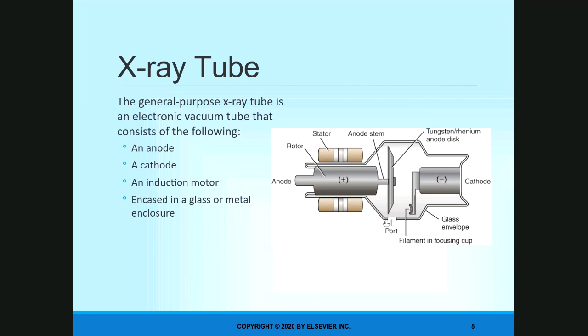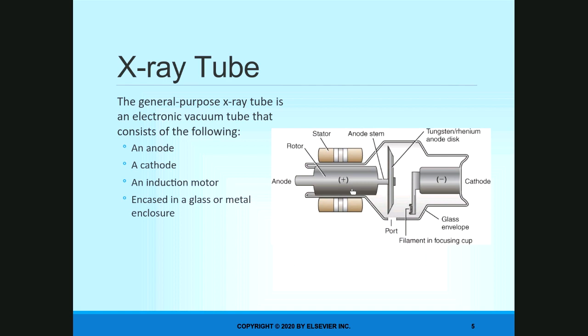All the air is removed from this. It has an anode, which is the positive side. Okay, so this whole portion is the anode. And it has a cathode, which is the negative side of the tube. So the cathode is one electrode, it's the negative electrode, and the anode is the positive electrode.